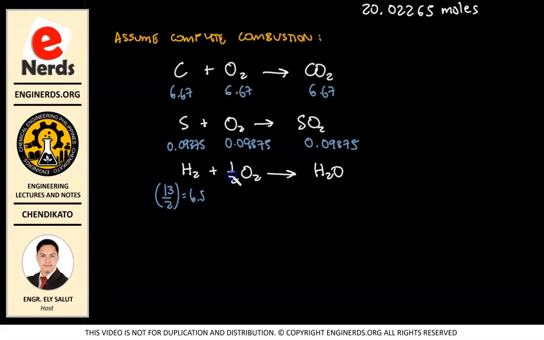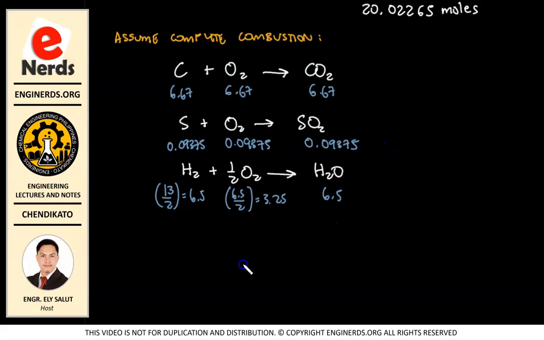How much O2 do we have here? 6.5 divided by 2, which is equal to 3.25. And this is 1:1 for H2 and H2O, so we have 6.5 of H2O as well.